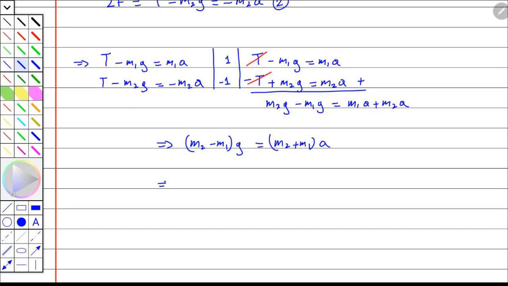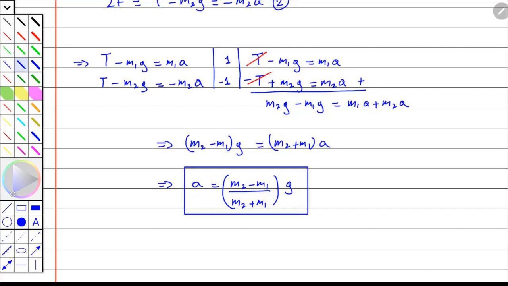So in this case, A will be equal with M2 minus M1 divided by M2 plus M1, and all of this is multiplied by G. And this is the relationship between the acceleration of the masses themselves, and G.